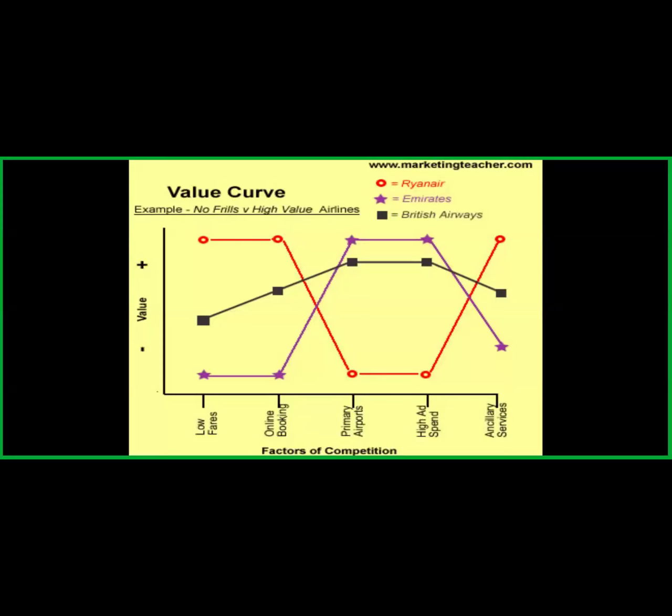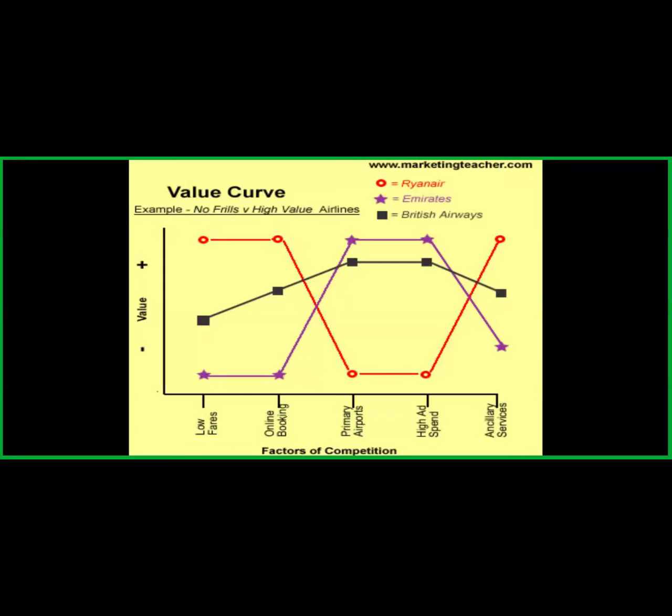When this chart is presented before the company, it has to decide: okay, our fares are high, but quality-wise we are scoring more than the other airlines. Now the company has to decide whether we need to go for cost cutting or reduce the fares of our tickets.